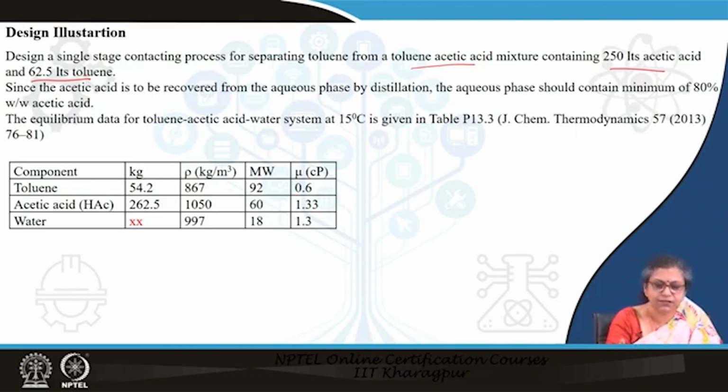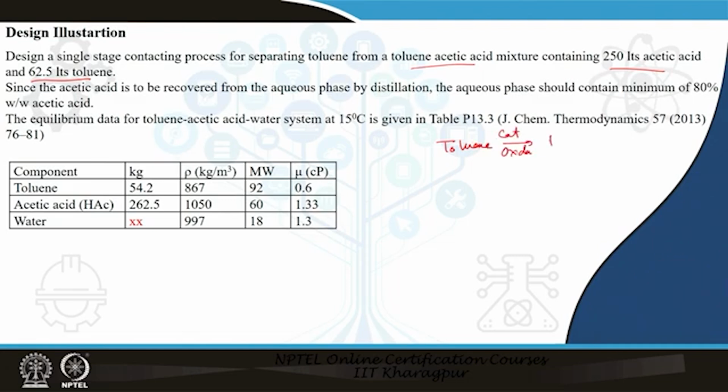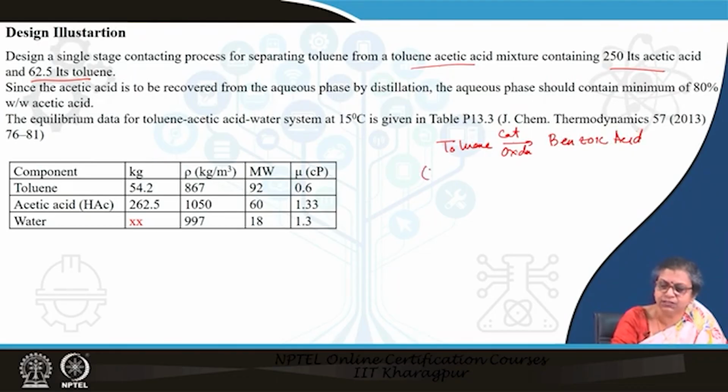The genesis is, very frequently we use toluene and perform its catalytic oxidation to obtain benzoic acid, and for this reaction the toluene is dissolved in acetic acid and cobalt acetate is taken as the catalyst.